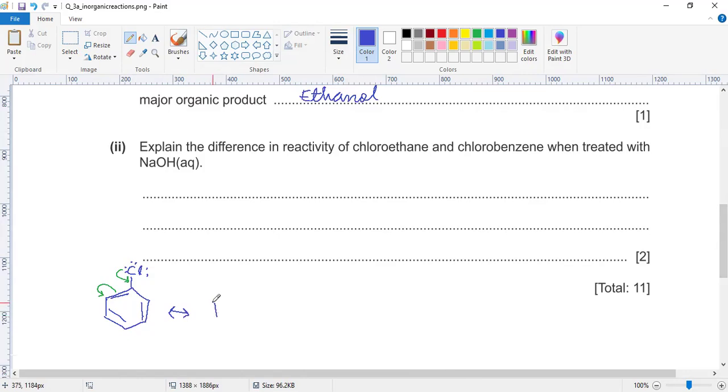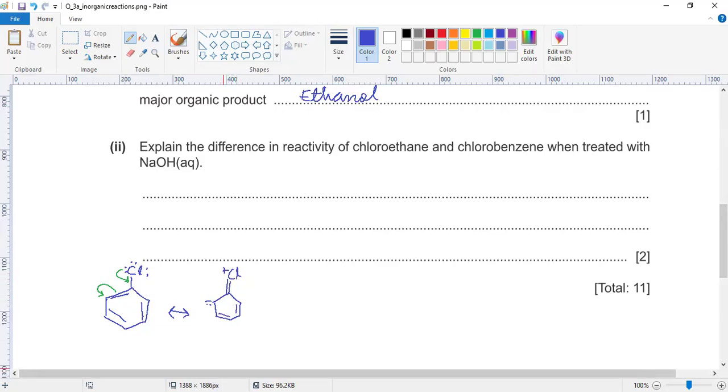I'm not going into much detail, but it is important to let you know that there would be a double bond, and it gets a positive charge, and here it is negative. And similarly, this ring will be delocalized, and most of the time there would be a chlorine and carbon double bond.